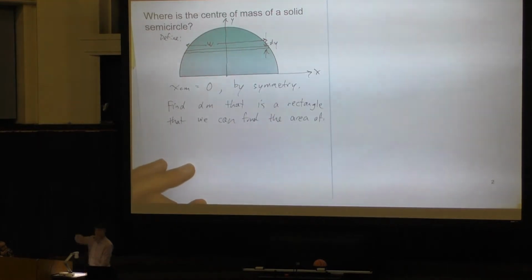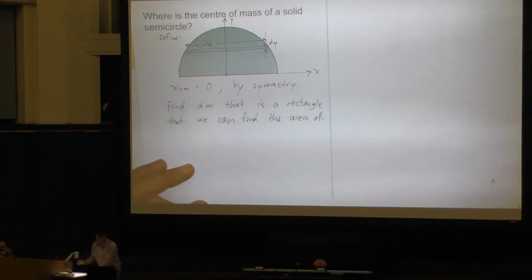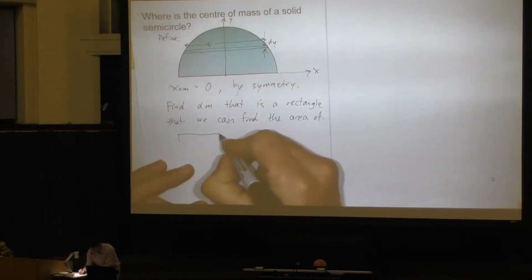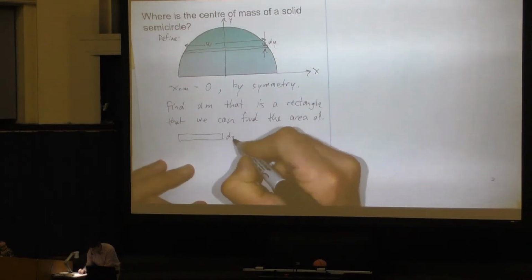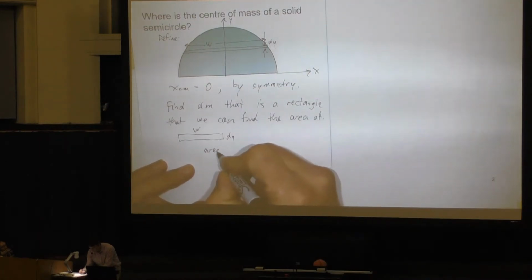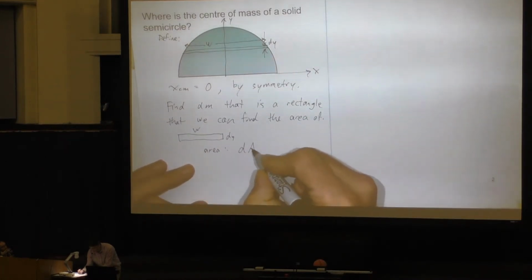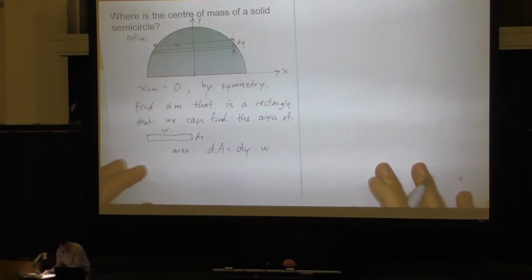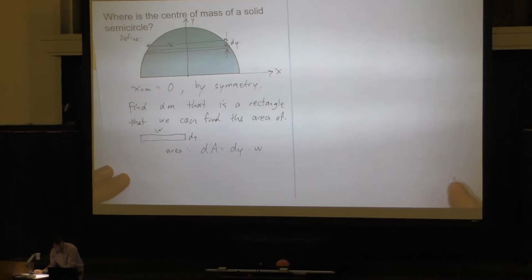The w will be some function of y as it goes up, and we'll use Pythagoras or something to do it. So it looks like this, dy by w. The area of this rectangle is dA equals dy times w. Length times width.